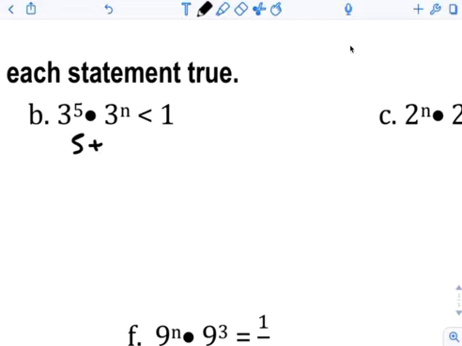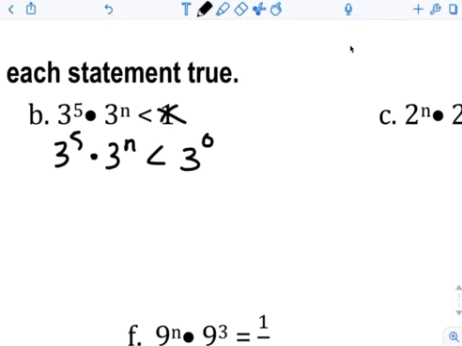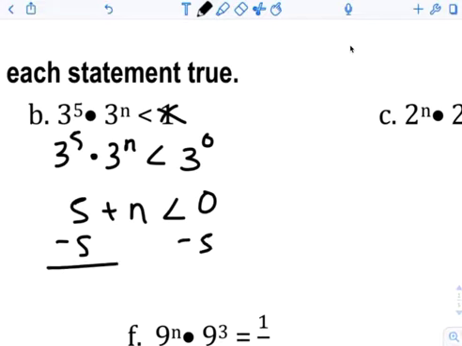Here, same thing. 3 to the 5th times 3 to the n less than 3 to the 0. So 5 plus n less than 0, minus 5, minus 5. N is less than negative 5.